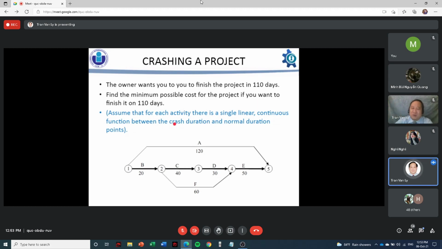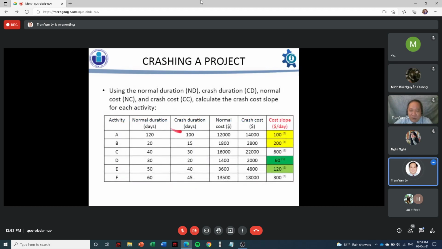Next, we talk about leveling. So we run the activity with the least slope. Slope means cost per day. First, second, third, etc. We always select in the critical path, and you review after crashing.